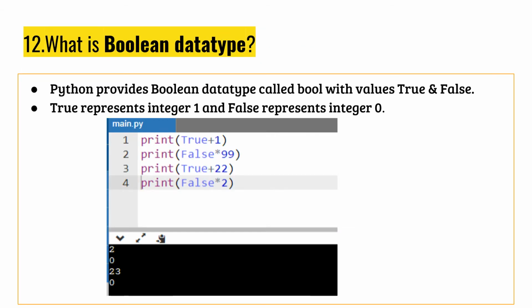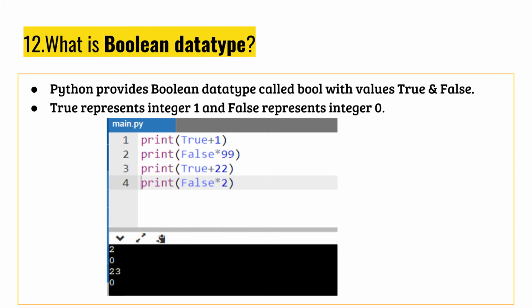What is a Boolean data type is the next question. As we discussed earlier, a Boolean data type can take two values, either 0 or 1. 1 refers to true and 0 refers to false. In this case, we are not giving 0 and 1 directly. Instead, we give true or false. Just look at the example screenshot below. There were 4 print statements: true plus 1, false times 99, true plus 22, and false times 2.